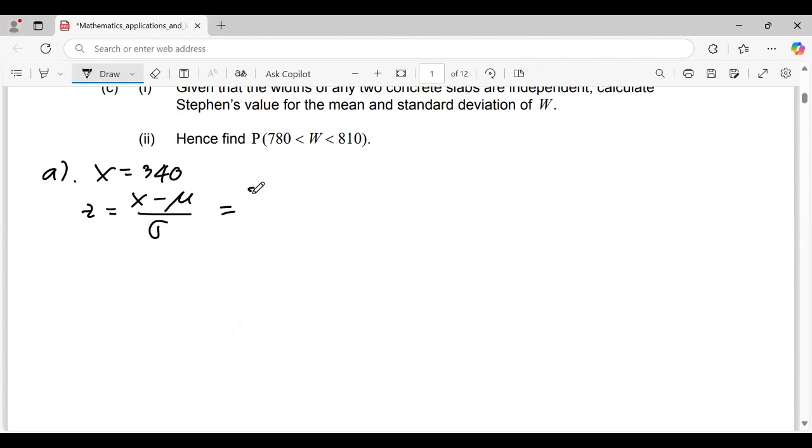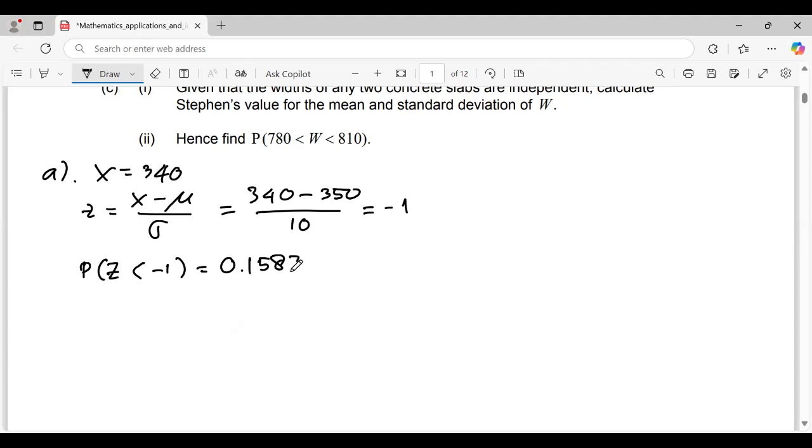So it's 340 minus 350 divided by 10, and z equals minus 1. So the probability that z is less than minus 1, you may use your normal distribution table or calculator to find this number. That is 0.1587, rounded off 0.159.